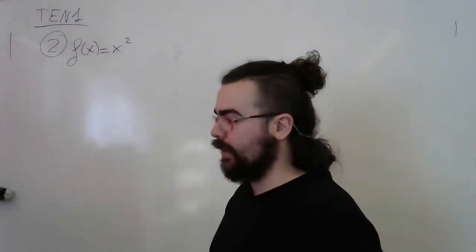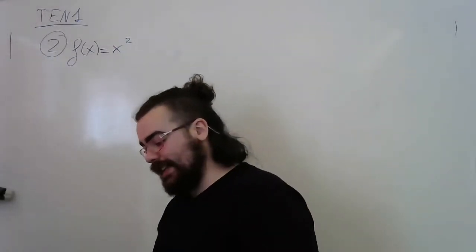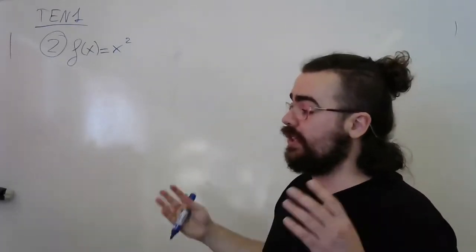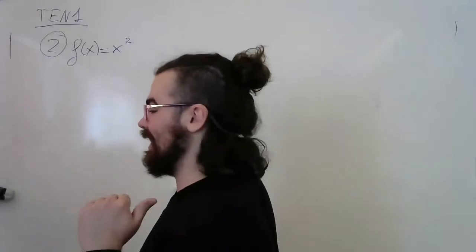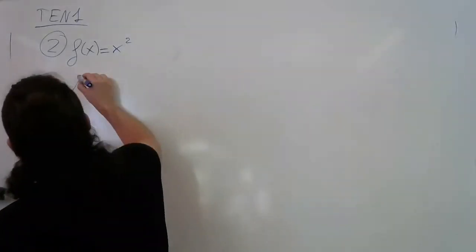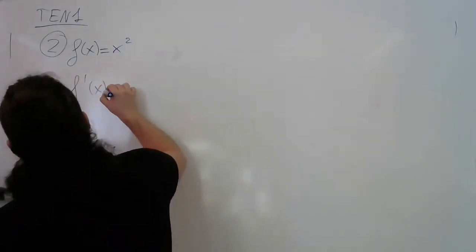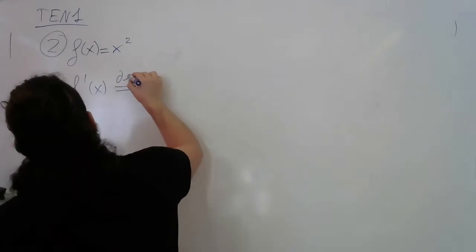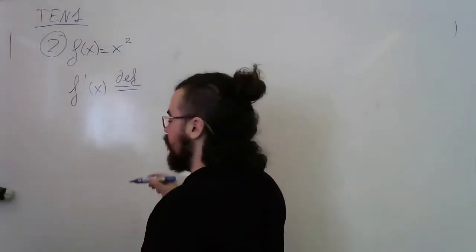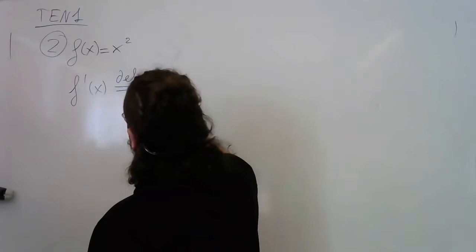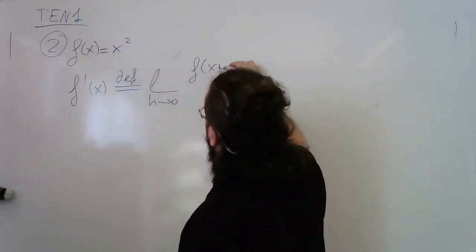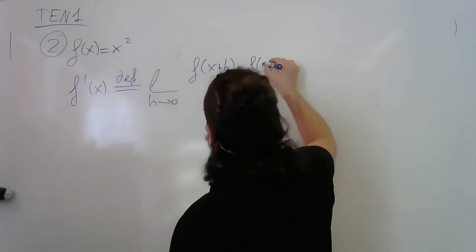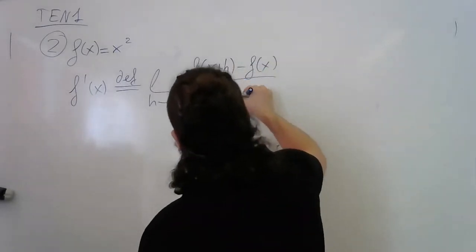We have f of x equal x squared, and the exercise says find f prime of x using the definition of derivative. Easy, clear as day. The derivative of f, by definition, is the limit when h tends to 0 of f of x plus h minus f of x divided by h.